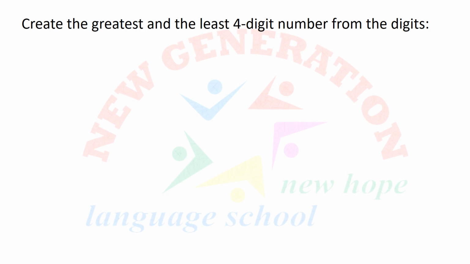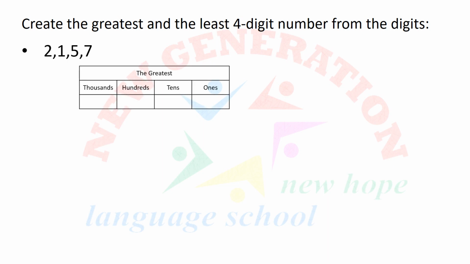I want to create the greatest and the smallest four digit number from the digits 2, 1, 5 and 7. To create the greatest, I put the digit that makes the number as great as possible.